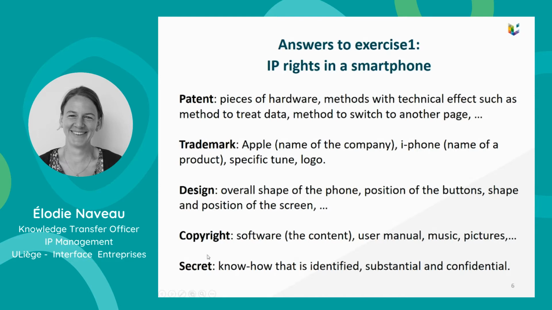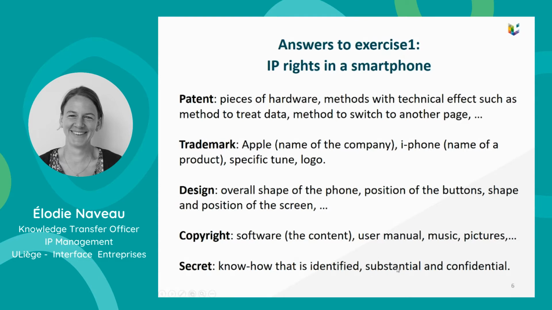And then we have the secrets. The secrets will protect all the know-how. And to know that you have a secret, you have to take into account 3 words. The secret has to be identified. So you cannot just say everything is secret. That's not possible. You have to identify which part is kept secret and which effort you make to keep this secret.